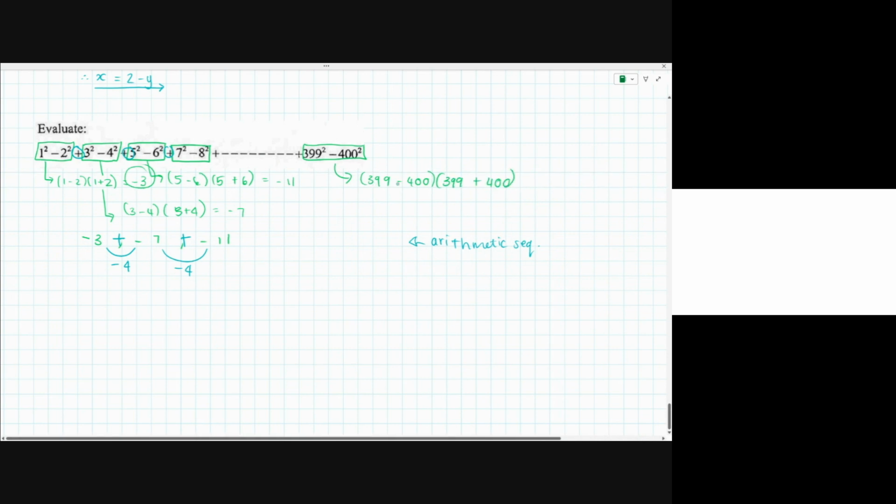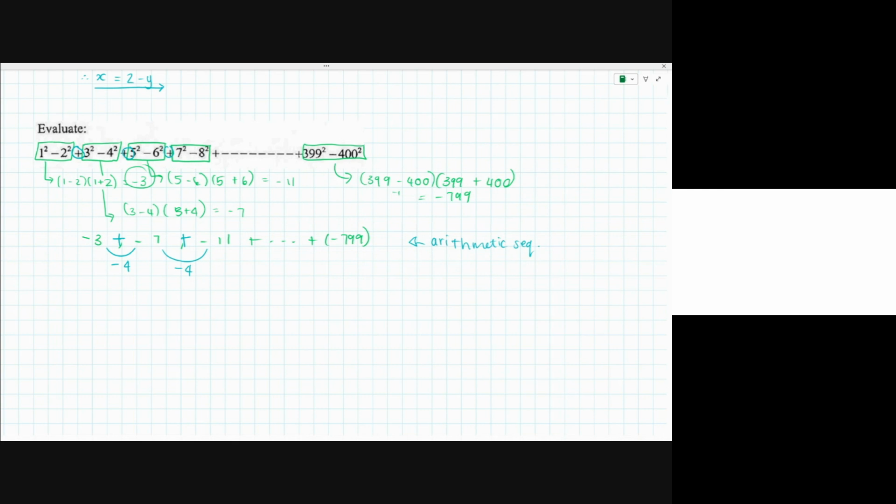So obviously 399 minus 400, negative 1, times 799, negative 799. And so that would be my last term that I add in this sequence. Okay, so now that I know what I'm adding up to, we can go and find the sum.